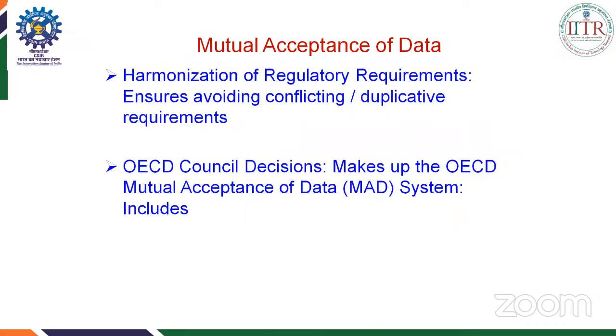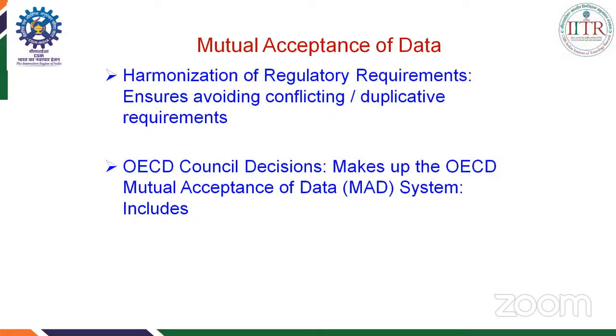Under this concept of mutual acceptance of data, a study conducted in any of these 92 countries would have its data accepted by all the other countries, since they are all signatories to the mutual acceptance of data agreement.